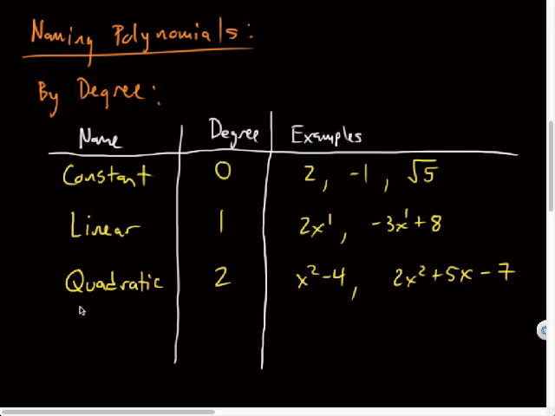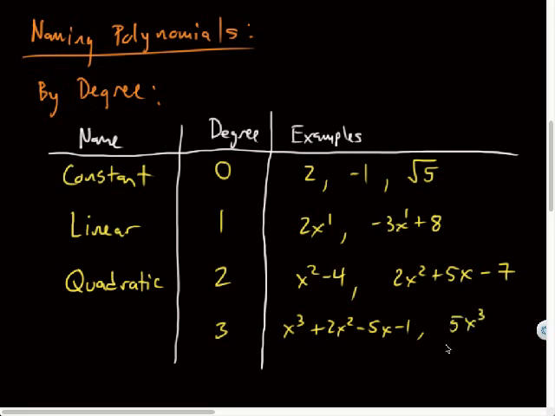And once again, don't get tricked by the quad there. A third degree polynomial would be like x cubed plus 2x squared minus 5x minus 1. But it also could be something as simple as 5x cubed.